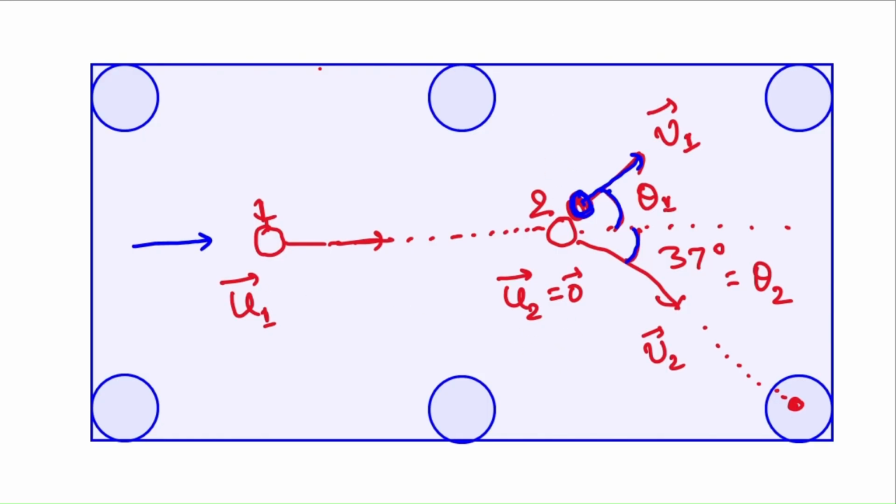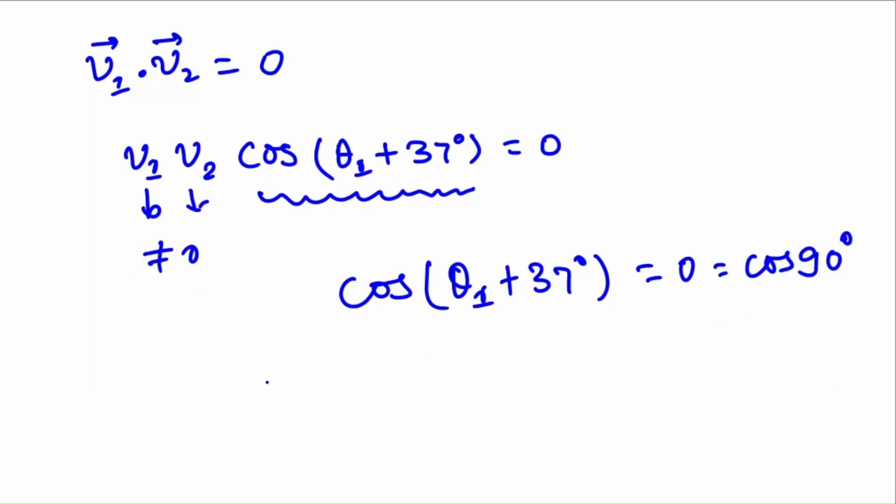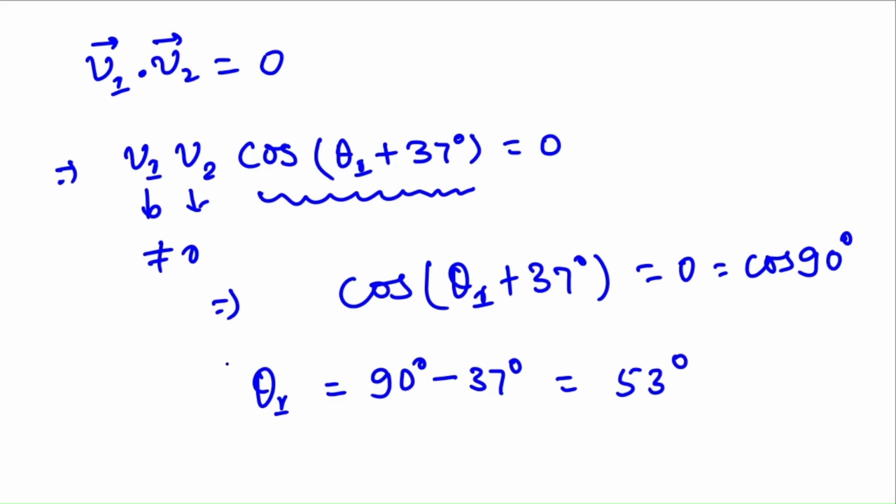So we can write theta 1 equals 90 degrees minus 37 degrees, and it will be 53 degrees. So we have obtained the value of theta 1 now.